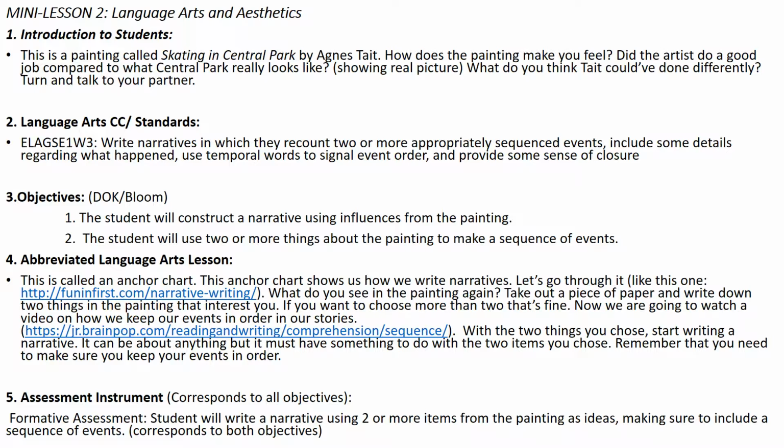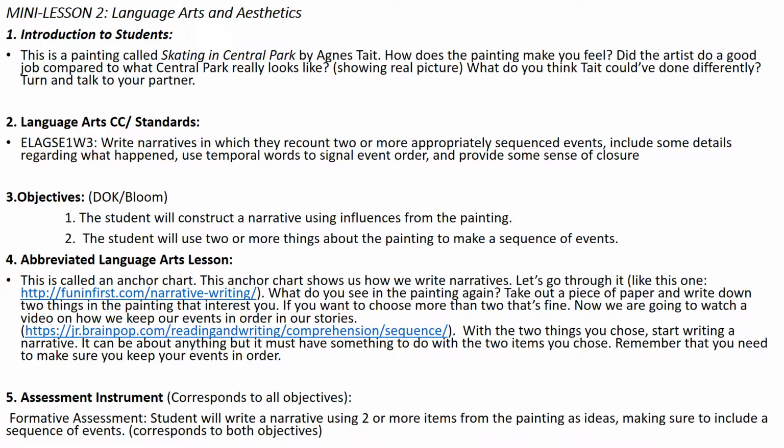For my language arts, I had the kids pick two things in the painting that they liked, and then they got to write a story about whatever they wanted, as long as it focused on the two things that they chose.